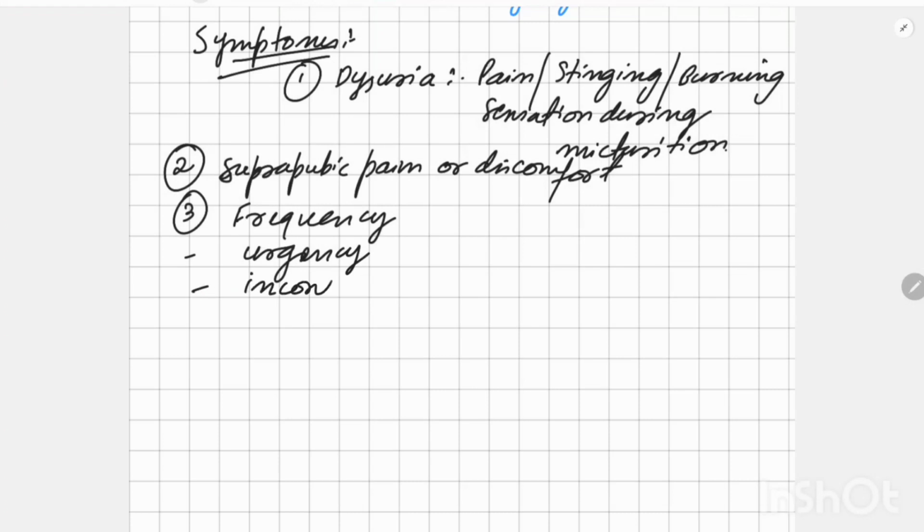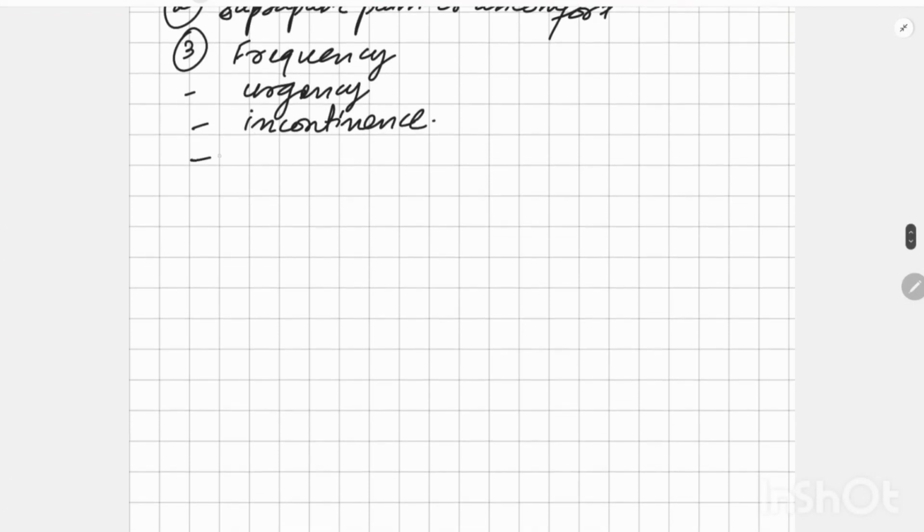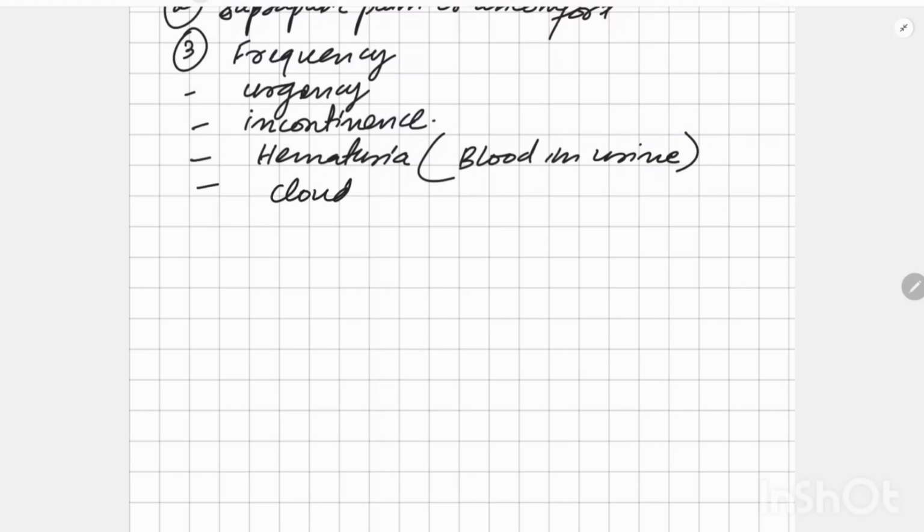The next symptom is incontinence, and the next symptom is hematuria, which you might know is blood in urine. The next symptom is cloudy or foul smelling urine.